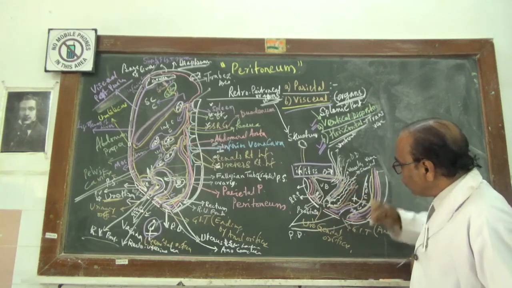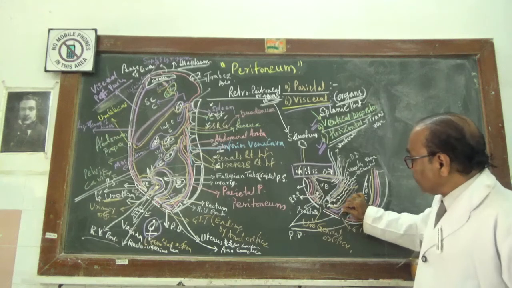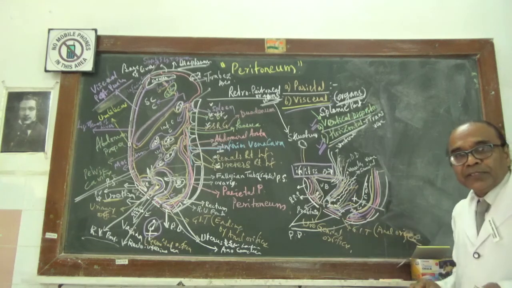Then in case of male, you will be having a recto-seminal vesicular ligament, recto-prostatic ligament.